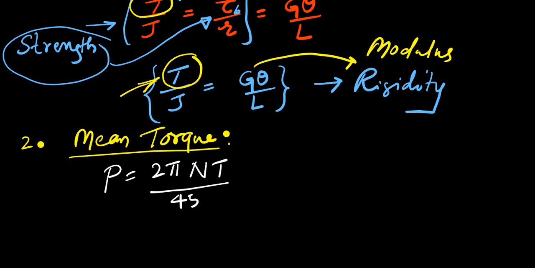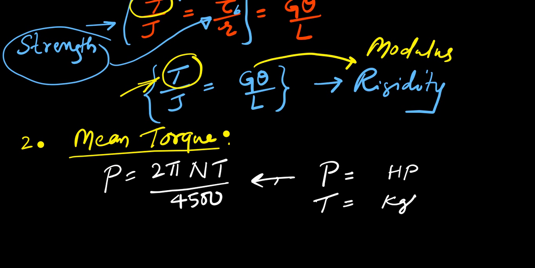In this case the power P is given in horsepower and torque is in kgf meter, and n is the speed in rpm. This equation is to be used to calculate the torque.